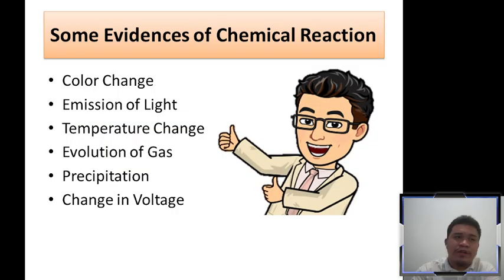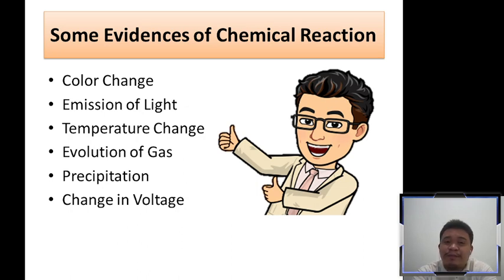For example, a change in color of the material, emission of light, temperature change, whether it became hot or became cold, the evolution of gas or the production of gas molecules during a reaction, precipitation. So you might be confused here. Precipitation is not the same as the precipitation in the water cycle.